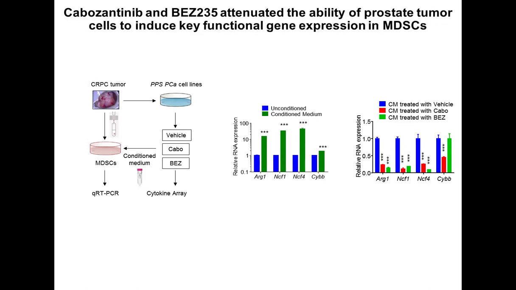The first thing we saw is that even if you just use the conditioned media from cancer cells without any drug treatment, this conditioned media is very effective at turning on some of the key gene expression in the MDSCs that are involved in arginine depletion or reactive oxygen species production, like NCF1, NCF4, or CYBB, which are all NADPH oxidase subunit proteins. Those genes are turned on by conditioned media from cancer cells.